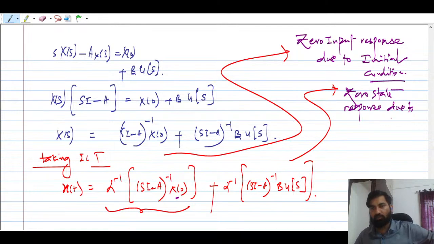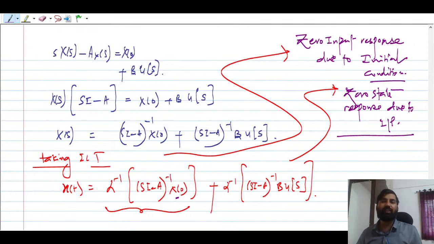So keep in mind, suppose in the exam they ask you to find the zero input response, ZIR. Then you have to always calculate the response because of the state. They will be giving you some initial state. Whenever you have to find ZSR, that is the zero state response, it is due to input. So let me mention all these things, please remember.